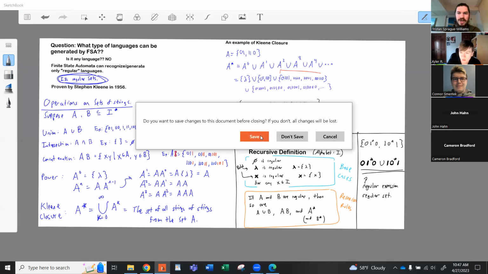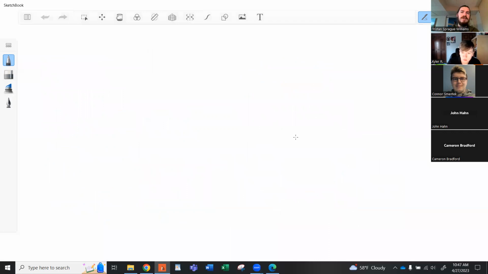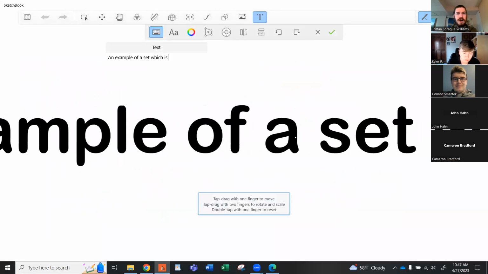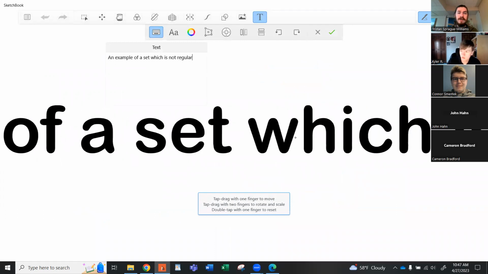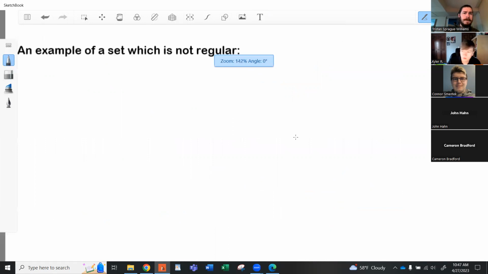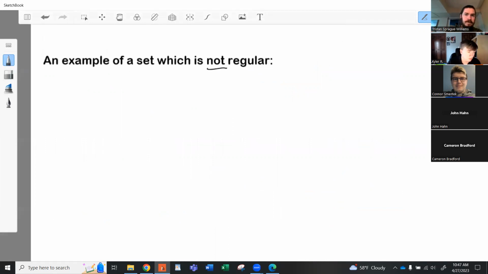So the way I want to finish class today is with an example of a set which is not regular. And it's a set that we have talked about before. It's the 0^n 1^n set, where n is a natural number.